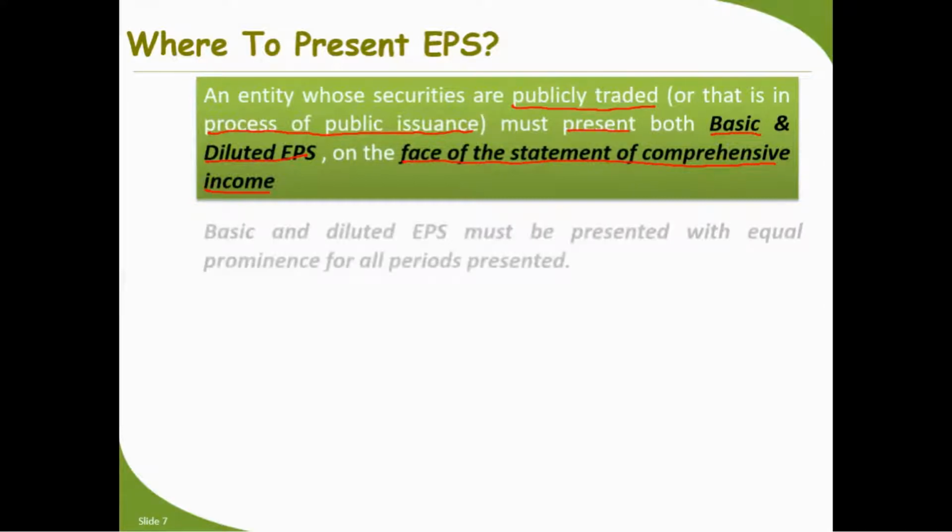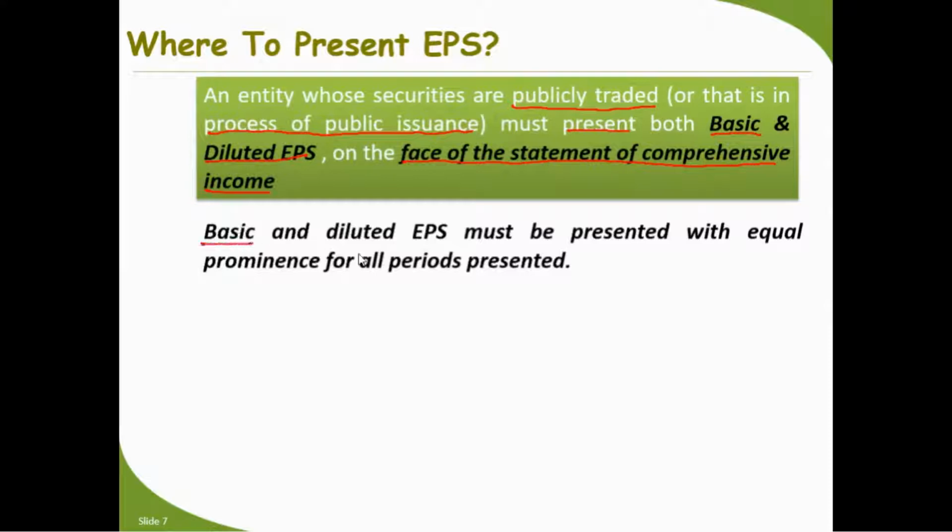Clear? It must be presented in such a way, basic and diluted both EPS, that they have equal prominence for all periods presented. As I discussed earlier, usually you have comparative figures in your financial statements of a preceding year. So in that case, for all the periods you have presented, your EPS must have equal prominence for both periods, current period as well as comparative period.